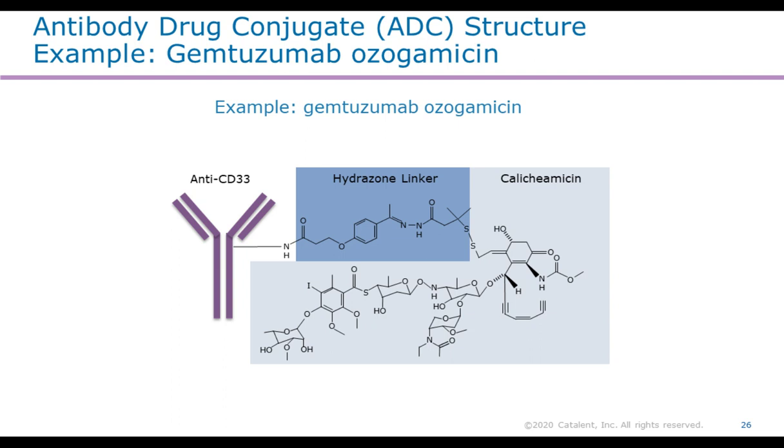This was the first marketed ADC approved by the FDA back in 2000, and it was marketed as a second-line treatment for acute myeloid leukemia, or AML. Note that the payload for the free drug itself is, in many cases, the actual first-line treatment for that indication.